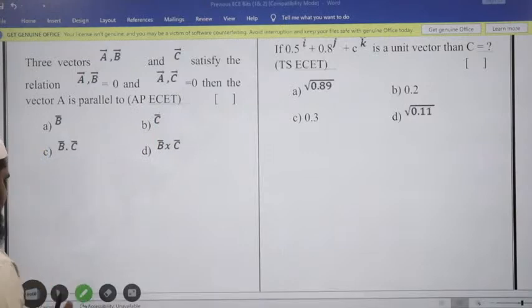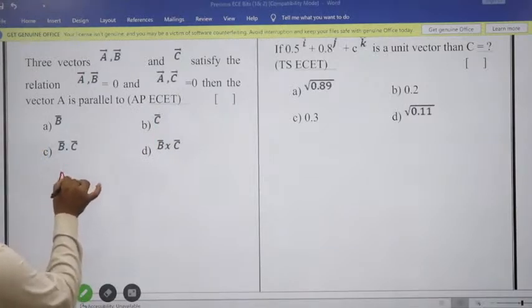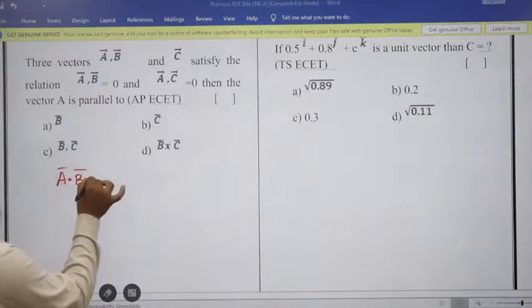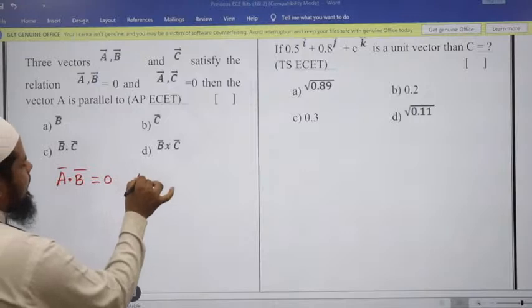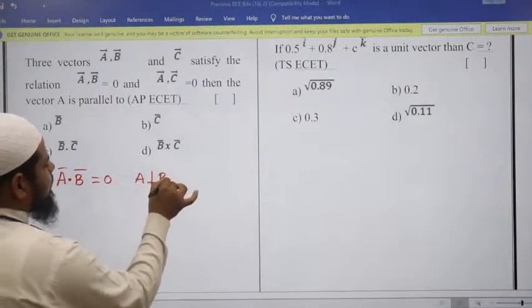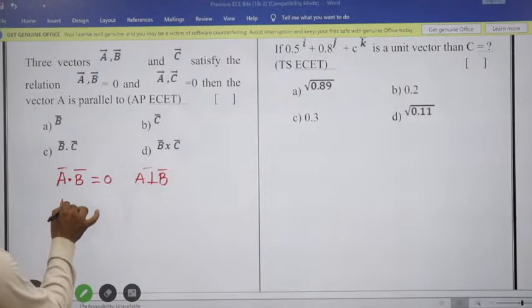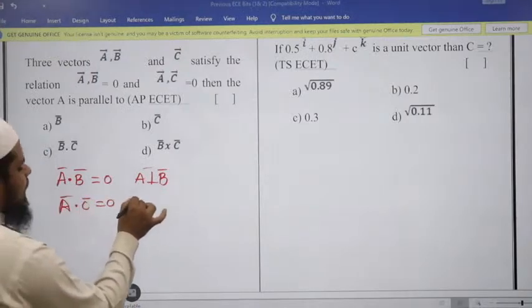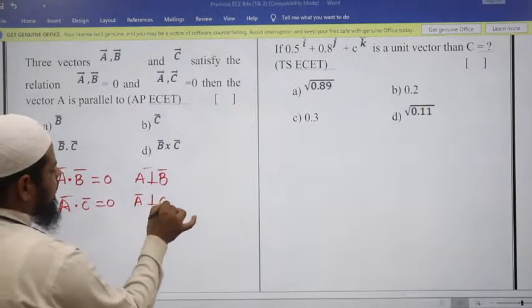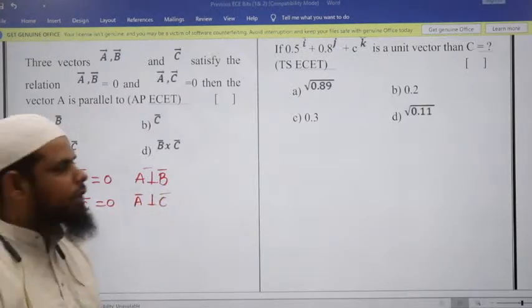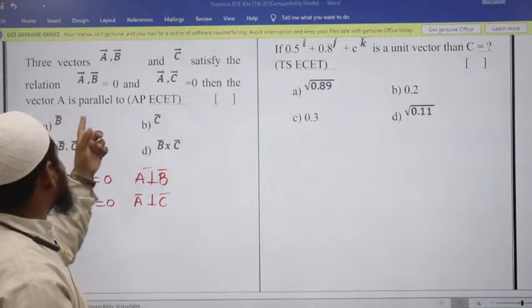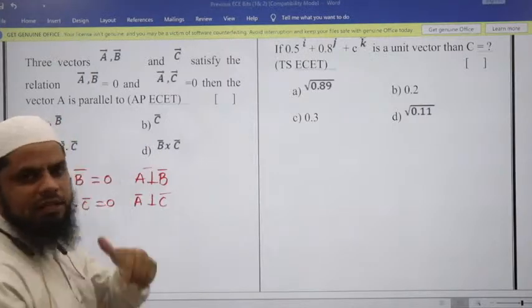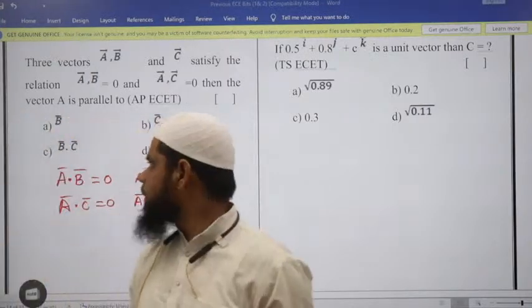The condition a dot b equal to 0 means a is perpendicular to b, and a dot c equal to 0 means a is also perpendicular to c. Then a is parallel to which vector? So can you guess the answer? Can anyone guess it now?